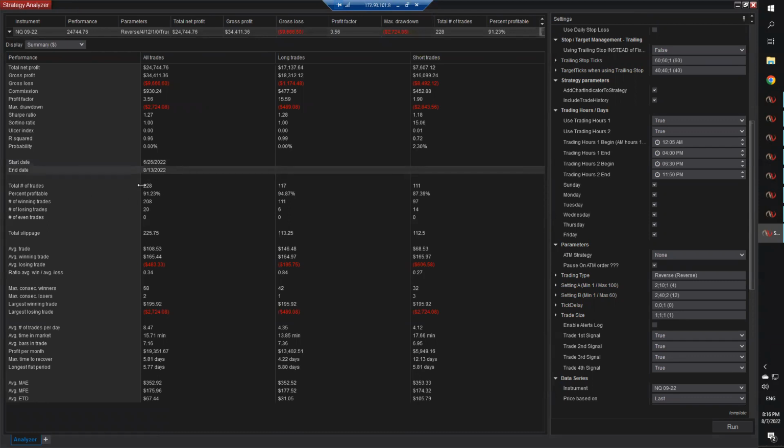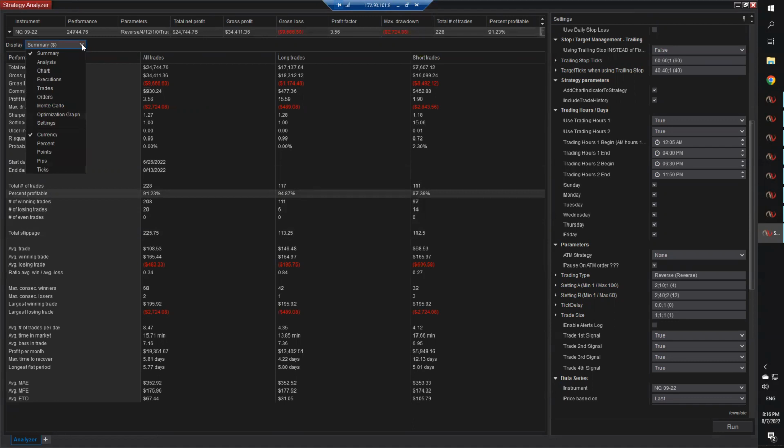It entered a total of 221 trades with 91% profitable, so 208 winning and 20 losing. This is including slippage, commission and all of that. So we've got a very, very high percentage profitable, trading that specific size chart.